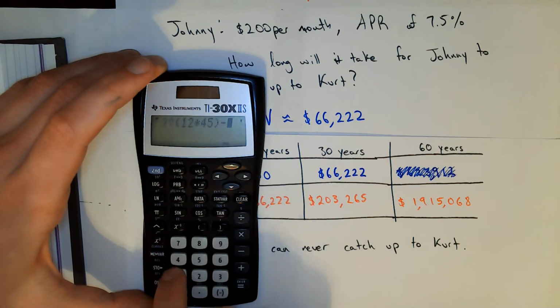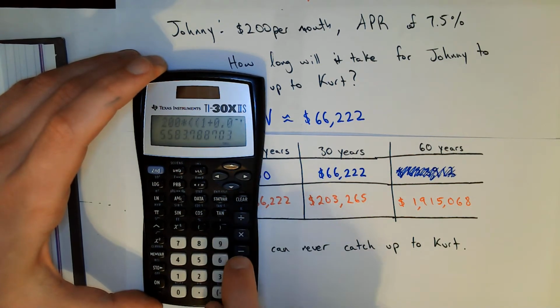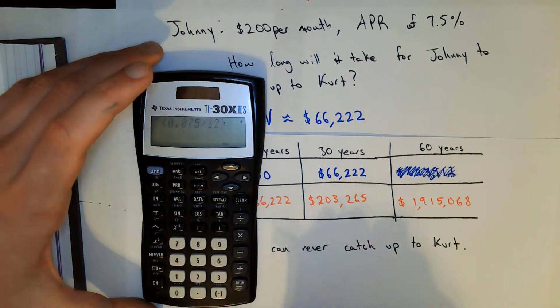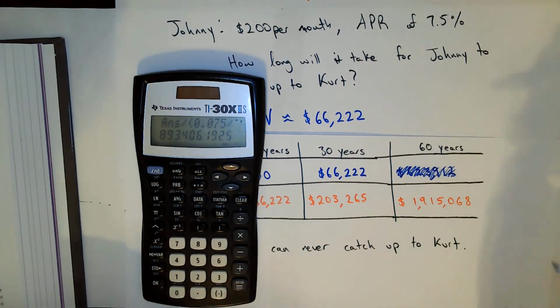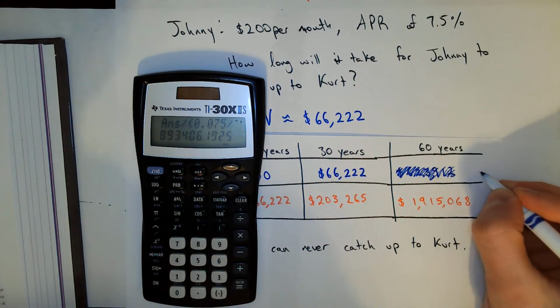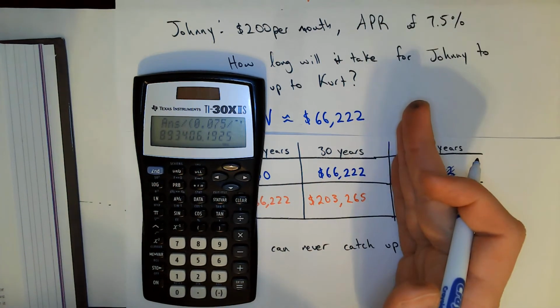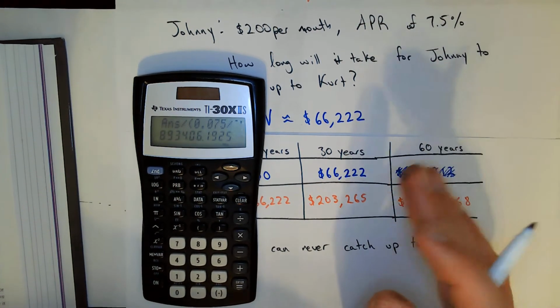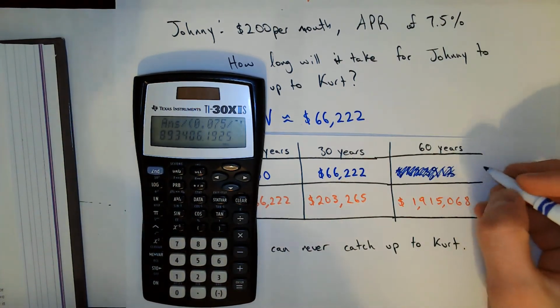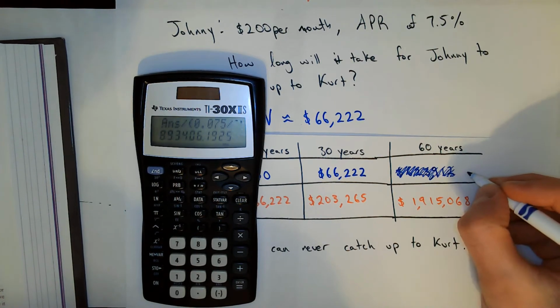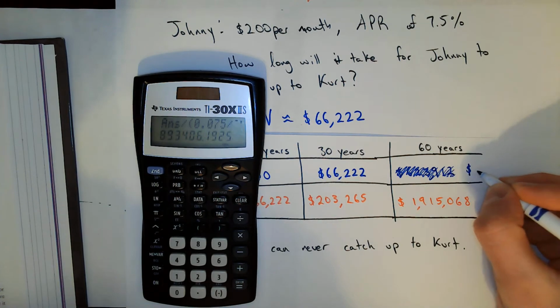Then minus 1, close that parentheses, divided by 0.075 divided by 12. There we go. He has more. I calculated as if he stopped making payments as well. But the point that makes this problem so crazy is that Johnny keeps making payments, so he's going to have even more money than we originally thought.